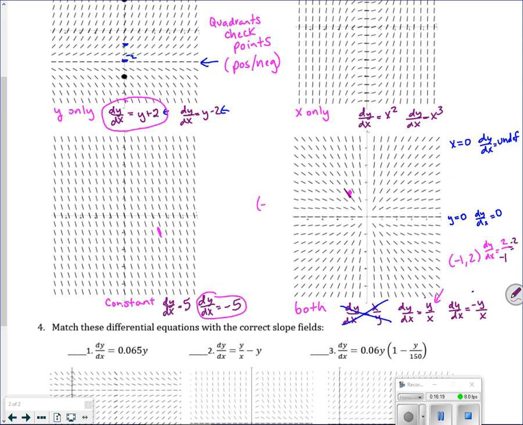That's negative. So I go, okay, let's look at this one. That one looks pretty good, but I'm going to double check. If I'm down to these two, what would dy/dx be if I said this was the answer? I would change the value of y at -1, and that would be 2, so I should be slanting positively if that were the answer. So I know that's not right, and this is going to be the correct one. So I just pick points and kind of guess at it until I find a discrepancy and I can eliminate one.